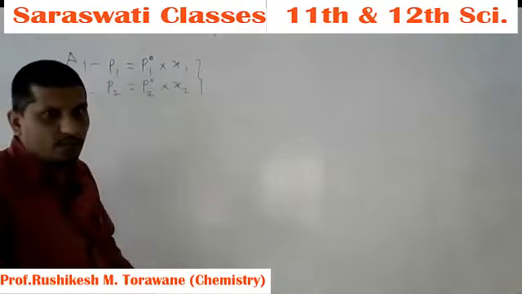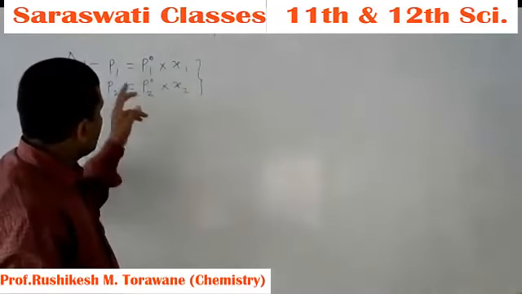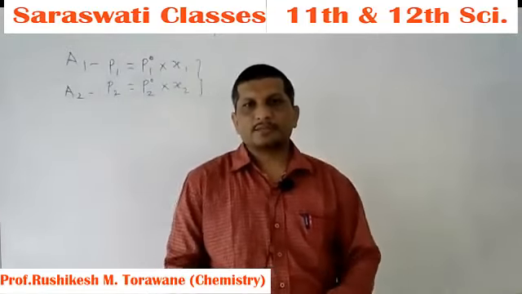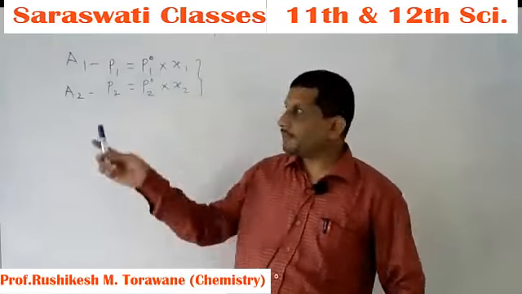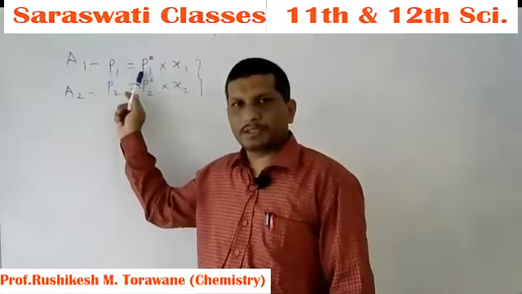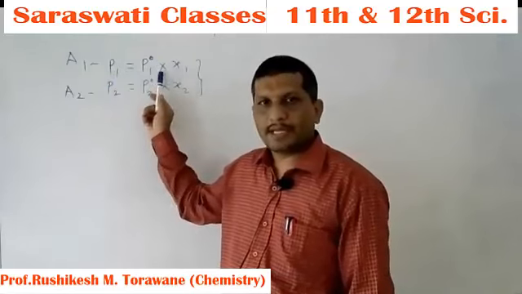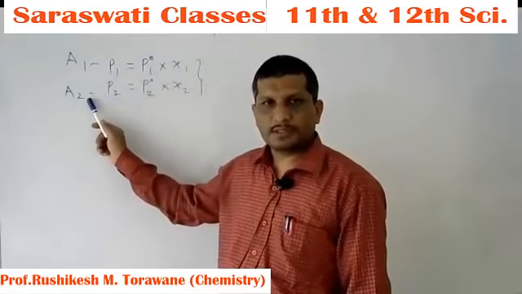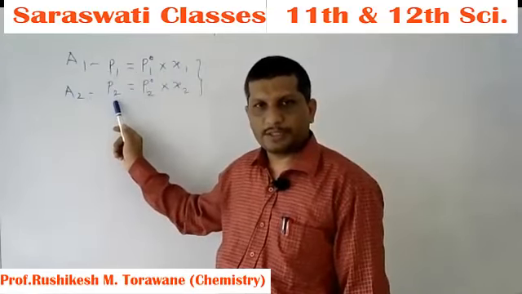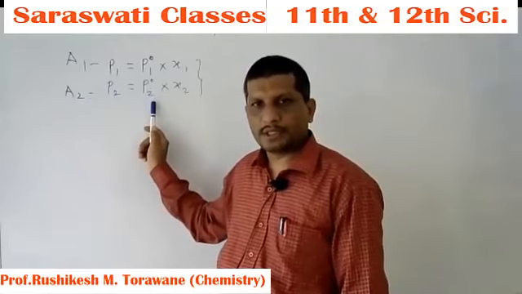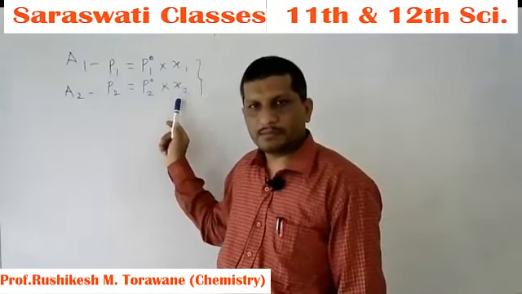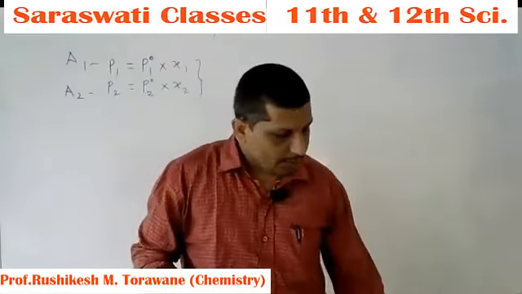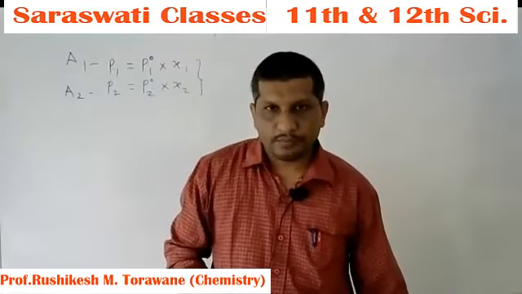These two substances create a partial vapor pressure in a closed container, and this can be expressed as P1 equal to P01 multiplied by the mole fraction. In a similar way, for the other substance, the vapor pressure is equal to the pure vapor pressure multiplied by its mole fraction in the solution. The next point we will continue tomorrow.